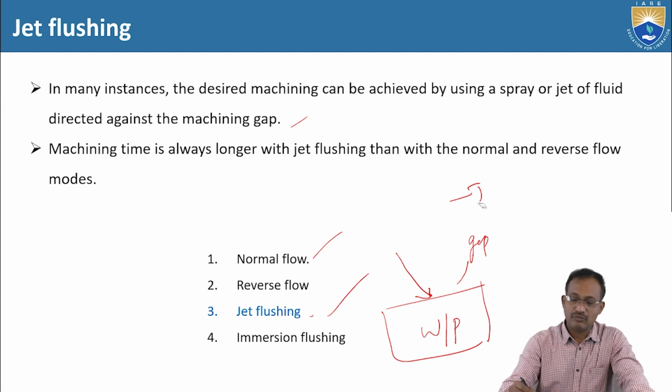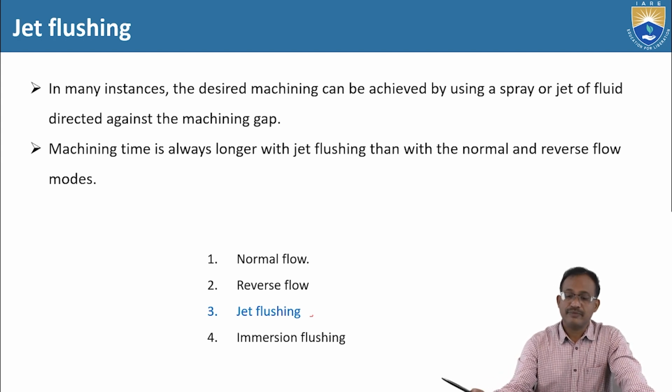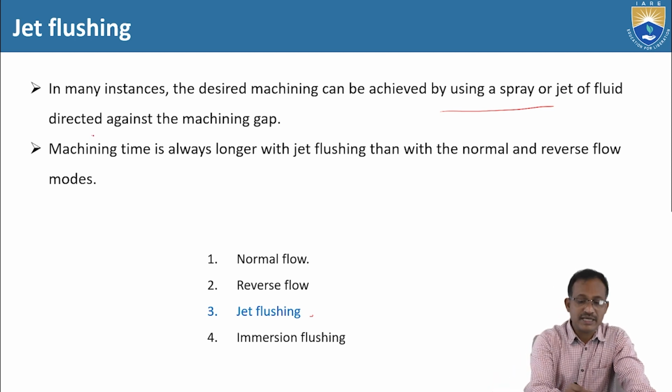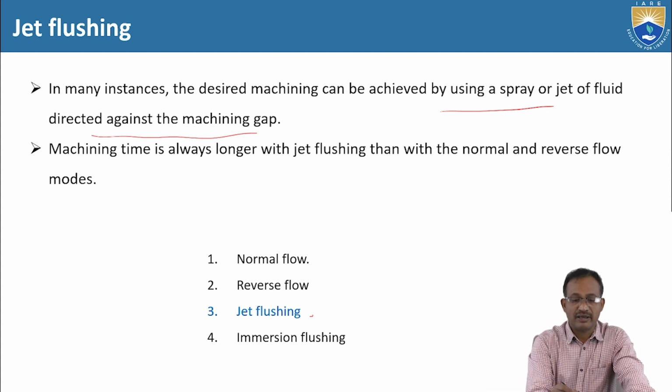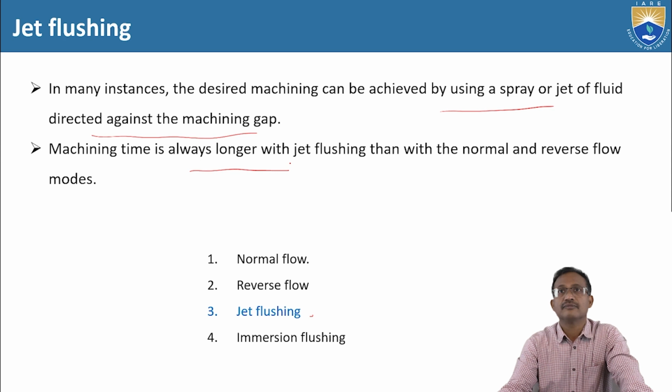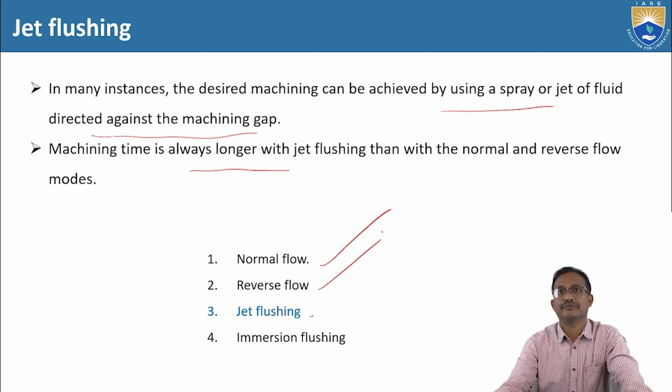I want to reiterate these points. The desired machining can be achieved by using a spray or jet of fluid directed against the machining gap. The second point is machining time is always longer with jet flushing than with the normal flow and reverse flow.